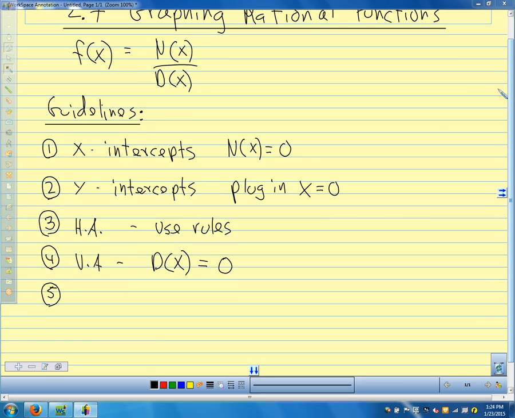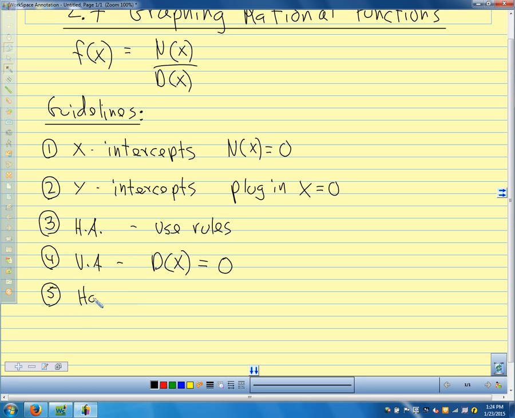The domain restriction is either going to be a vertical asymptote or a hole. The things that we leave out of the domain are where we get our vertical asymptotes.